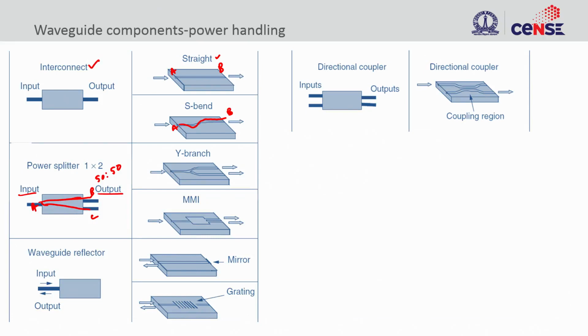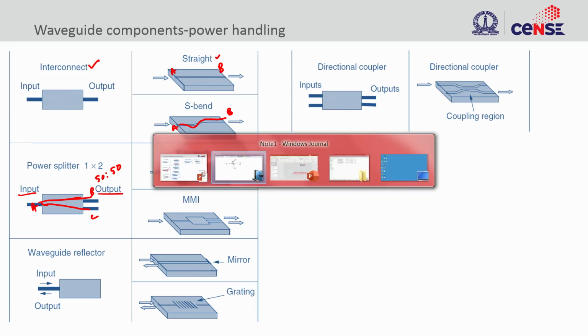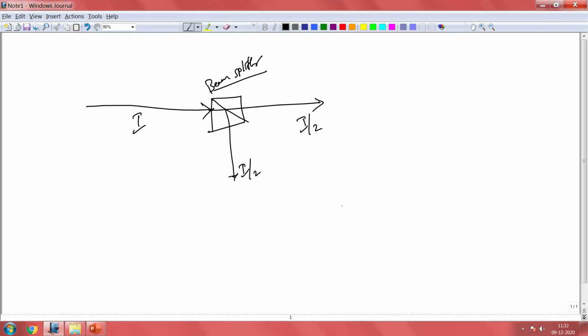But in guided wave optics, you can use two kinds of implementation. One is a Y branch, where you branch the waveguide like a Y structure, and the other one is multi-mode interference. The Y branch looks similar to the beam splitter. We take a waveguide and just split it up, as simple as that. So this is just a single line.